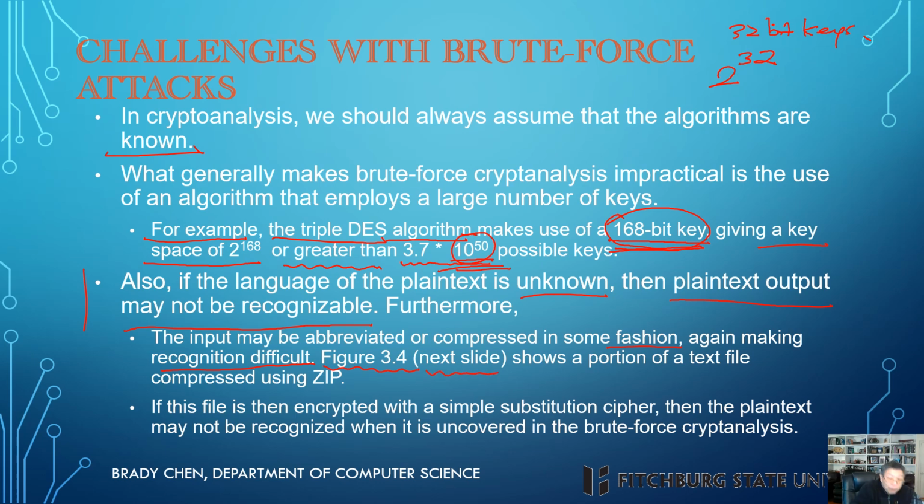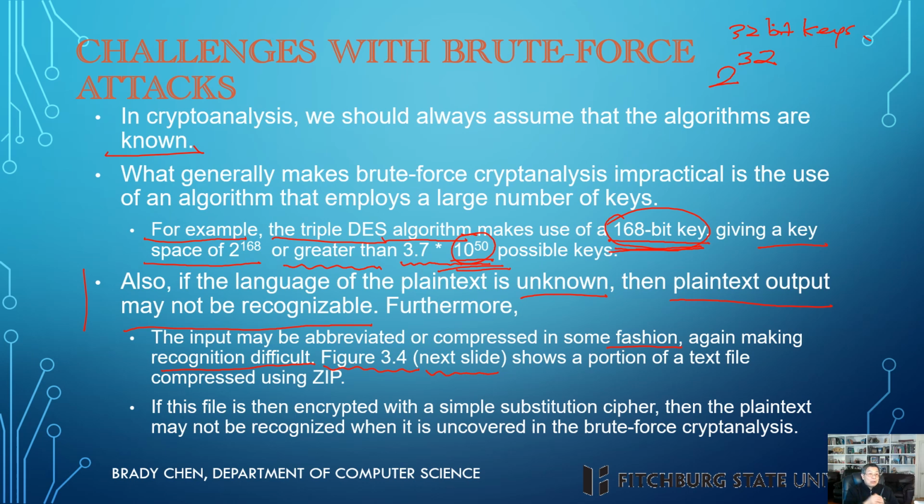Also, if the file is encrypted with a simple substitution cipher, then the plain text may not be recognizable when it is uncovered in the brute force attack. So basically, you combine two encryption algorithms. One is a very simple substitution algorithm, like a Caesar cipher, which we use to switch the original text, and then we apply something like DES.